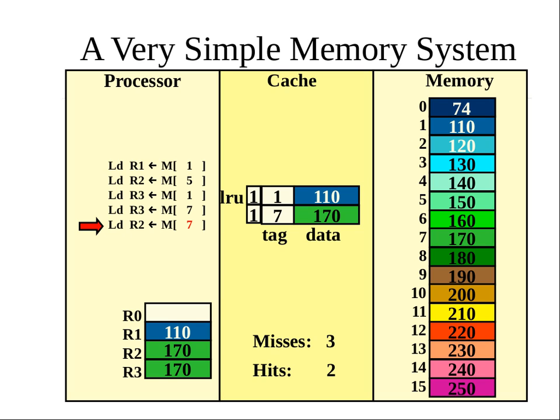How big is your cache line now? We'll still say it's just doing a byte, so it's 8 bits right here. But how big does your tag need to be for a 32-bit system? 8. Well, if you need to be able to access 0 to 2 to the 32nd, how many bits do you need? 5. Oh no, you would still need 32, is what I'm saying.